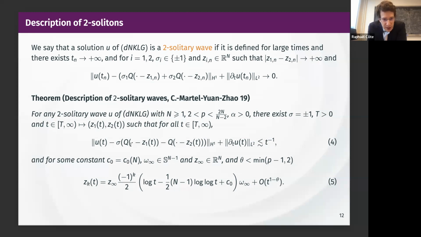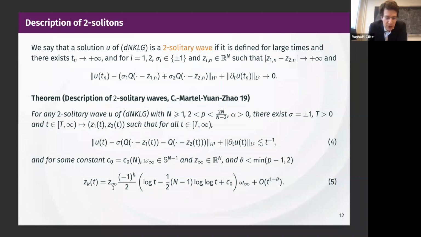It not only tends to 0, but you have a decay rate. You can say that they have alternating signs, and once again the distance between the two solitons is really universal. So you have this log t. You have to imagine you have the center, and there is a plus missing: it's z infinity plus this term.